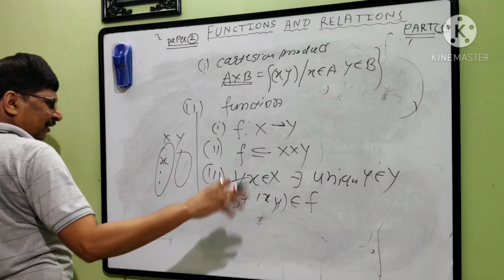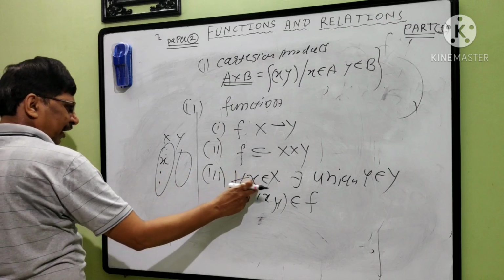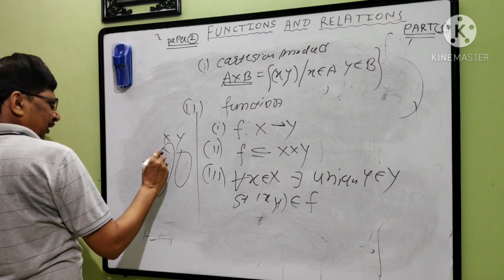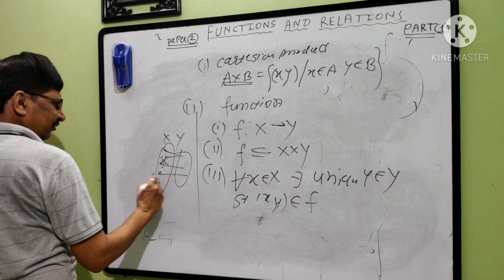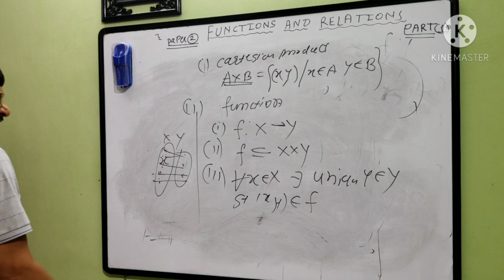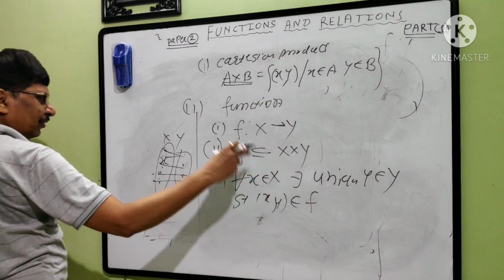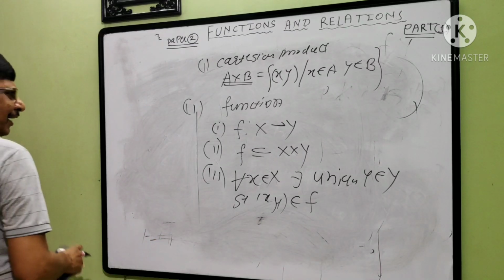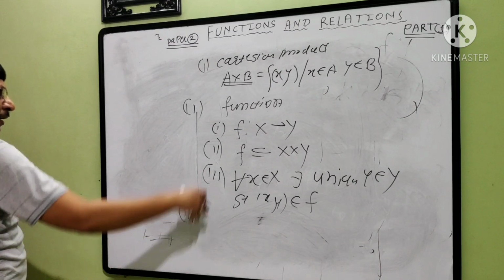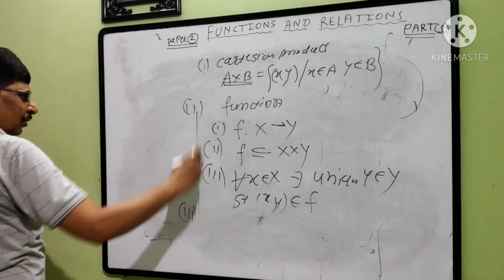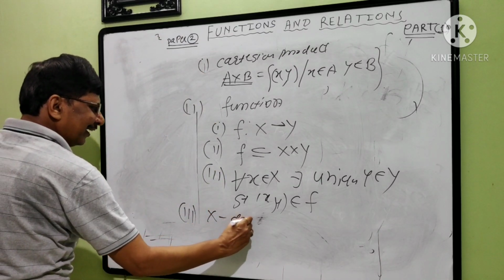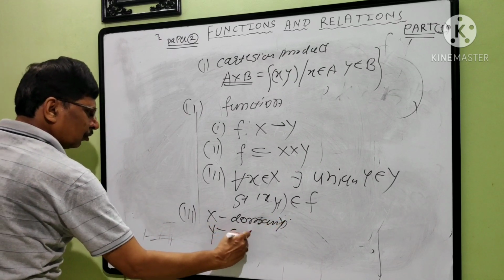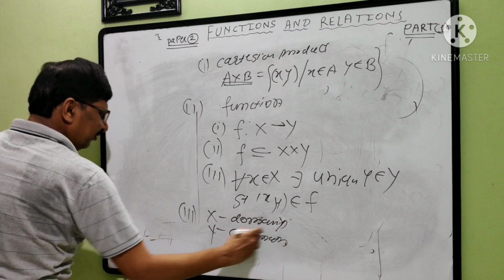We can say it is a function only when for every x belonging to X there must exist a unique element in Y such that the pair belongs to F, where F is a subset of X cross Y. Number two, if all these conditions hold, then X is called the domain set, and Y is called the codomain set.